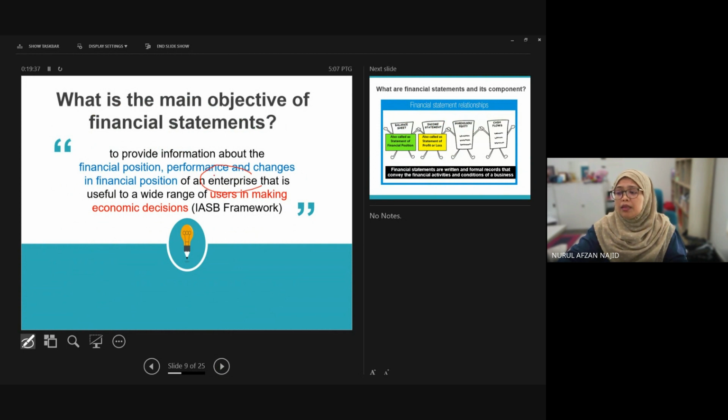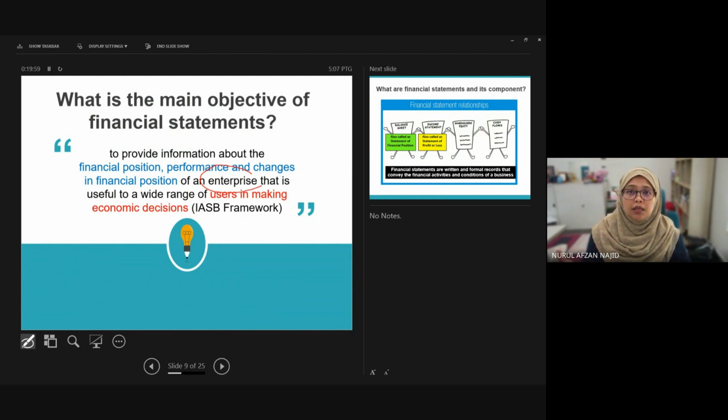Nampak tak? Yang penting adalah sebab kita nak bagi information tu kepada orang, kepada pengguna. So pengguna terlalu depend kepada kita. Kenapa kita kena provide the information tersebut? Kalau kita tak keluarkan financial statement, pengguna macam tidak ada access untuk melihat performance of that particular company.